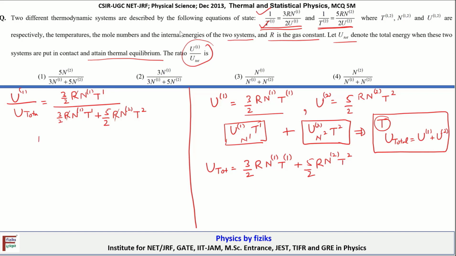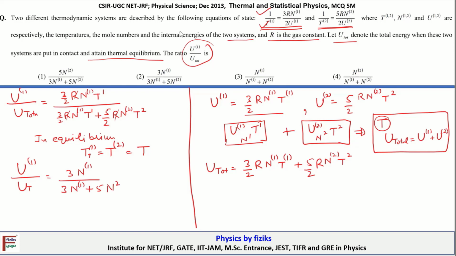R will cancel here because it's in both the numerator and the denominator, and we apply the condition of equilibrium. In equilibrium, the temperatures of both of the systems become equal. So let's say in equilibrium T1 equals T2, equal to a certain temperature T. By replacing T1 and T2 with the common temperature T, the ratio U1 divided by U total turns out to be 3N1 divided by 3N1 plus 5N2, because the 2 will also cancel as it's in both the numerator and the denominator, and T will cancel.